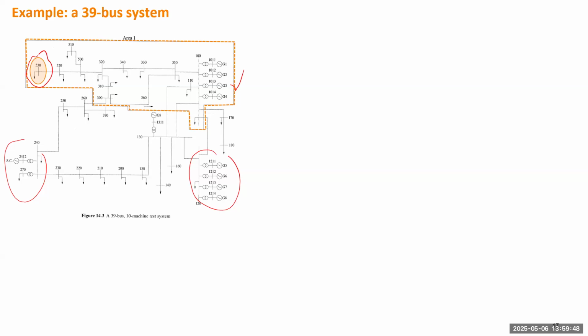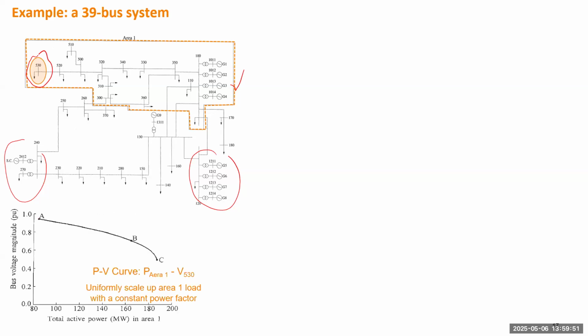So we're going to study, first we draw the PV curve at that bus. What you're going to do to draw the PV curve is you start from the initial condition, at the load. Here we assume the load for the entire area will increase uniformly. So we start from a total load at about 80 to 90 megawatt, which is condition A. Then we increase the load uniformly, and we solve power flow until load is higher than 160 megawatt.